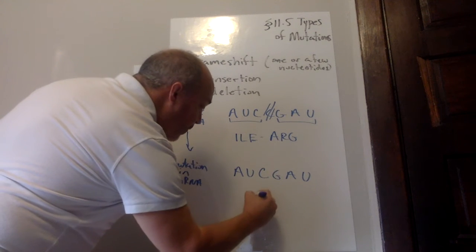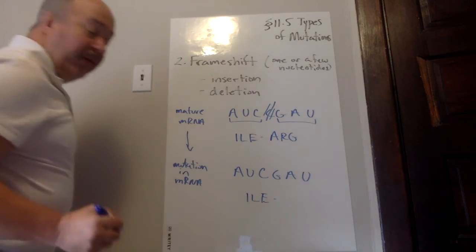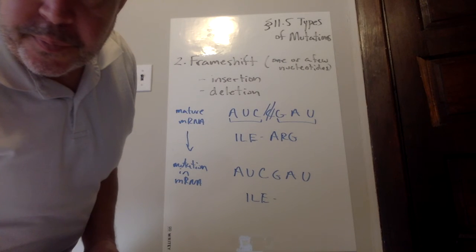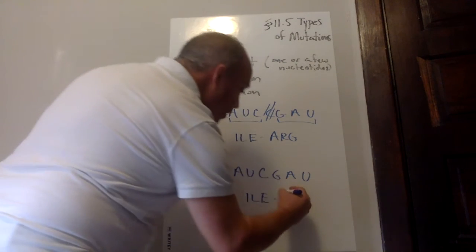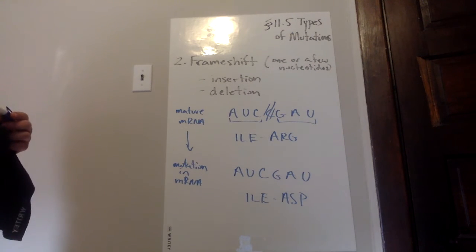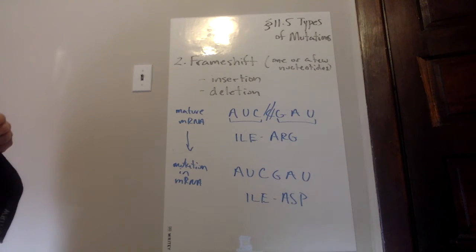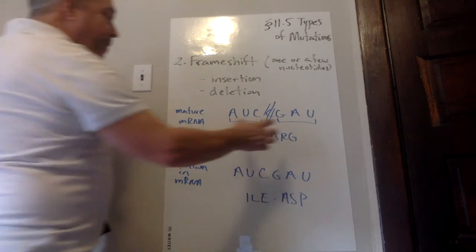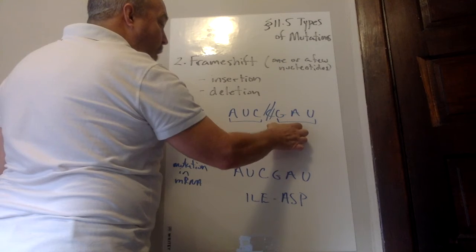So AUC will still make isoleucine, and GAU is going to be asparagine. We got a change in our protein structure. We have a different amino acid. So that would be a frame shift because the codon has shifted over 1.